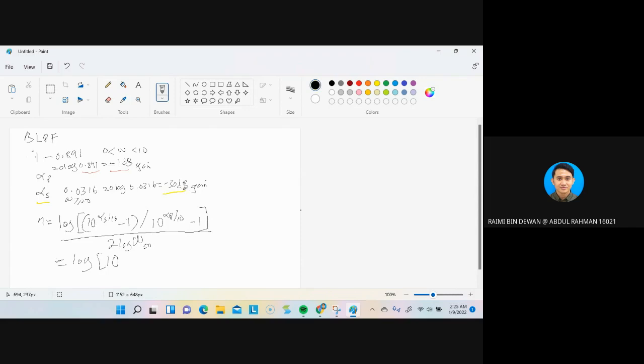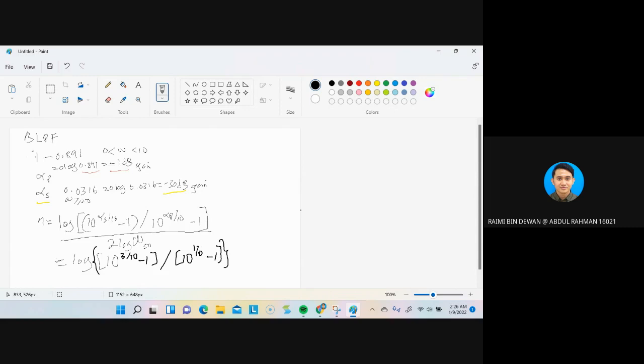So that's why you put alpha S is 3 over 10 minus 1, and then over 10 to the alpha P, which is 1 dB, 1 over 10, minus 1.